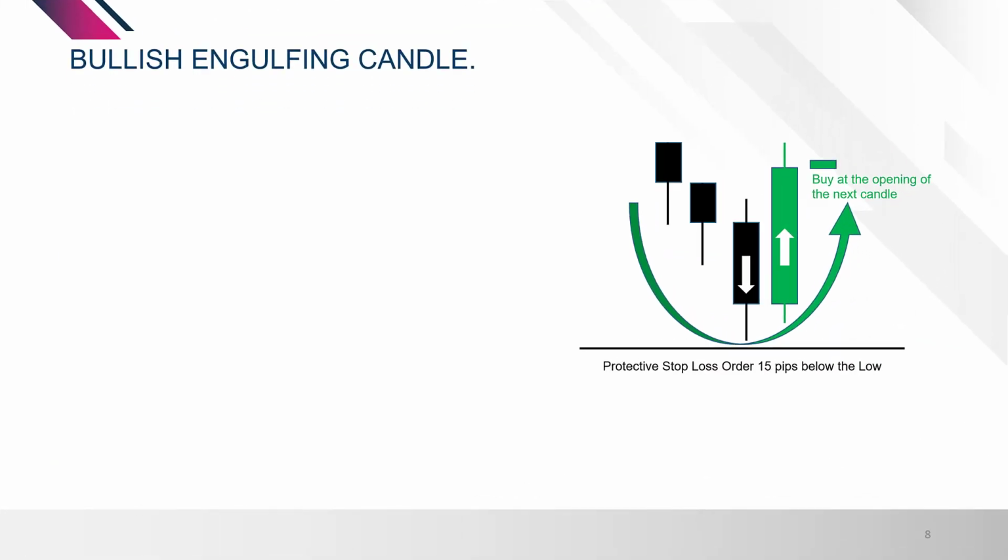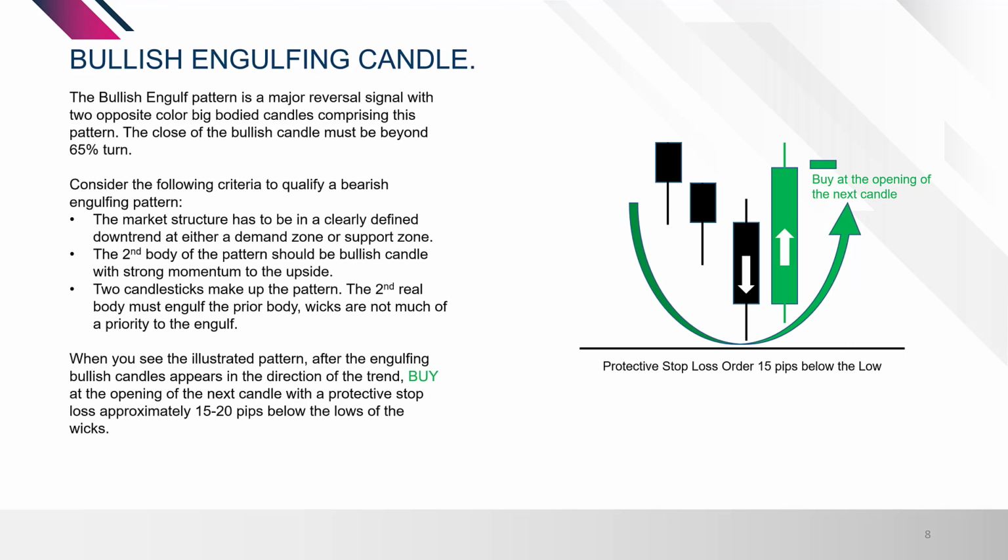Now let's look at a bullish engulfing candle. The bullish engulfing pattern is a major reversal signal with two opposite color big-bodied candles comprising this pattern. The close of the bullish candle must be beyond 65% up-turn.